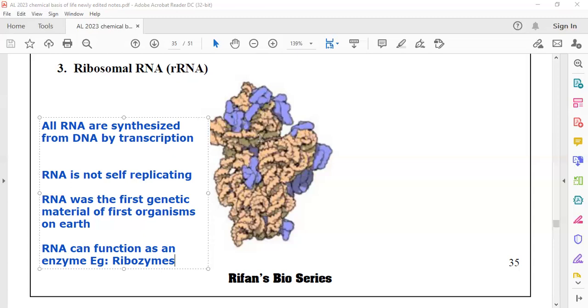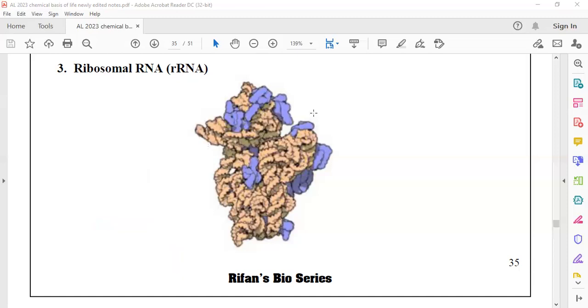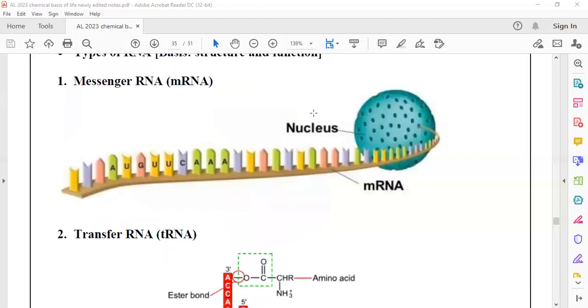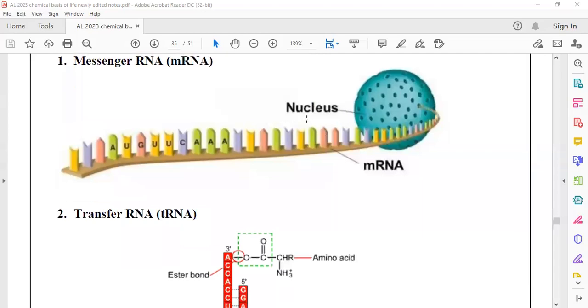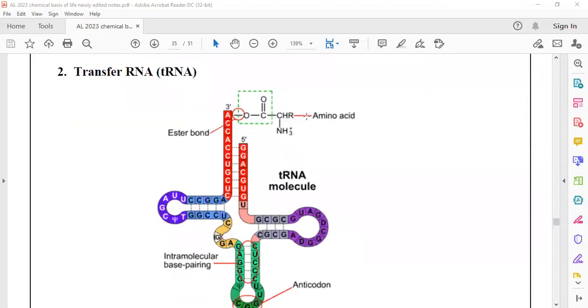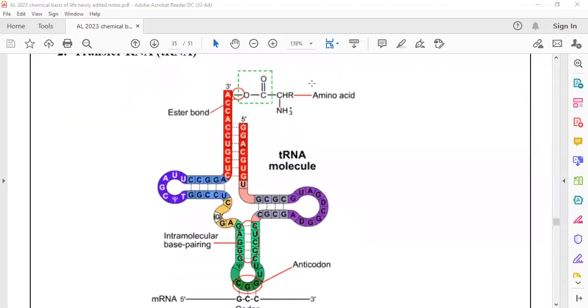Have you completed it? Good. In the RNA, there are 3 types of RNA. Messenger RNA is a linear molecule. It's a linear, straight molecule. This RNA has 3 loops in it.